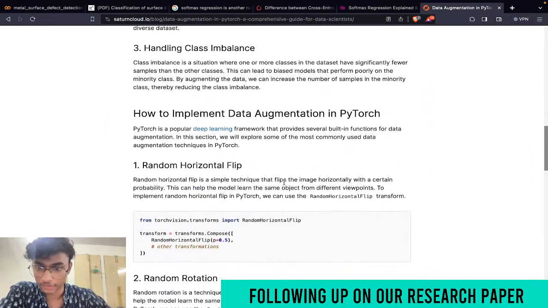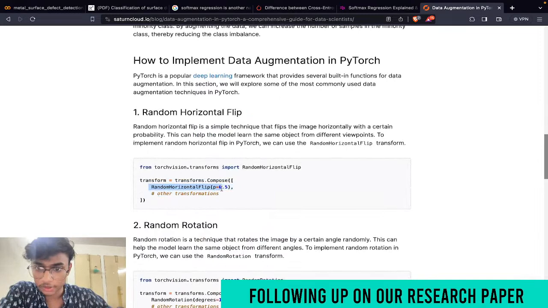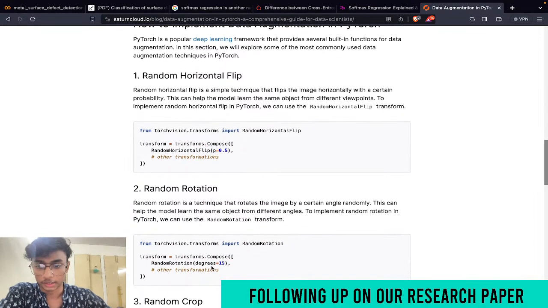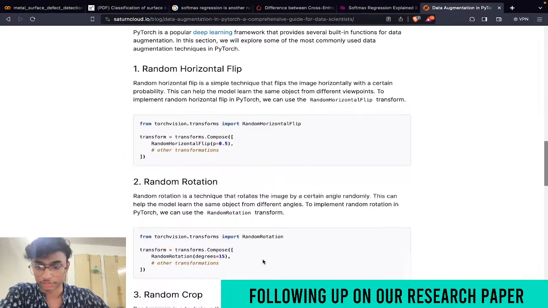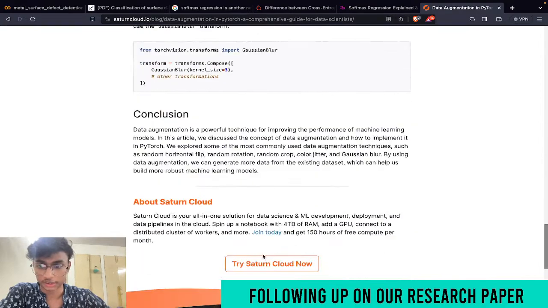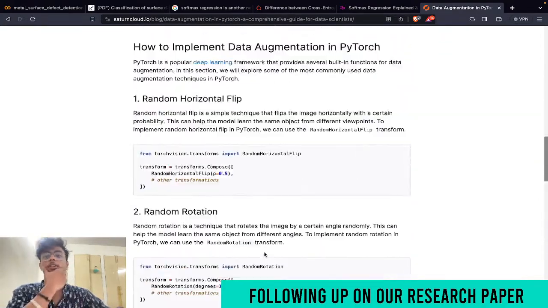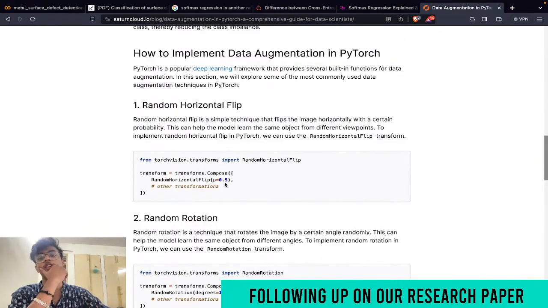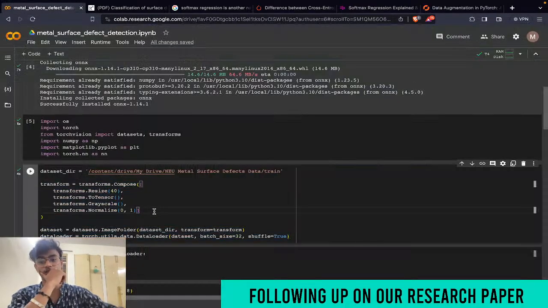Yeah, I know the benefits. Random horizontal flip, yeah, we need that. Random rotation with degrees equal to 15. Not color jitter, not Gaussian blur. We need random horizontal flip. Okay, so let's call our dataset with this.